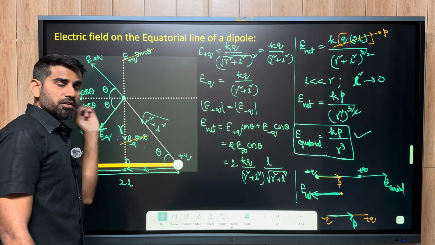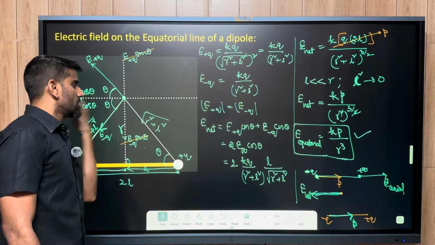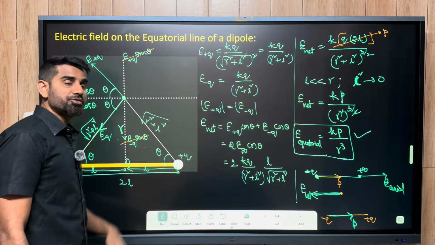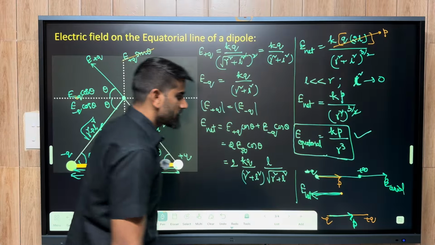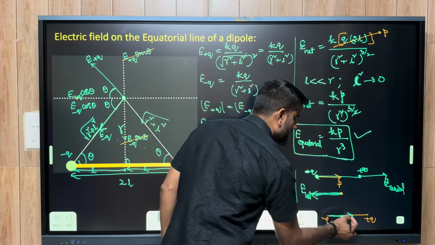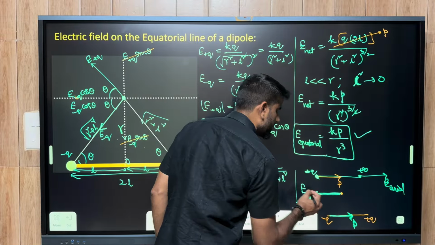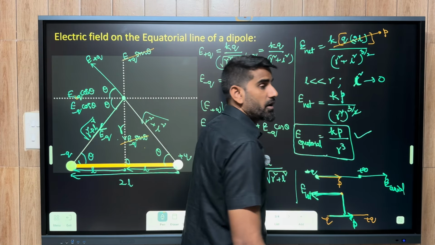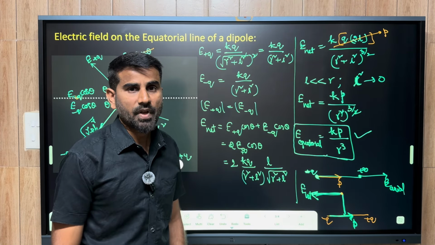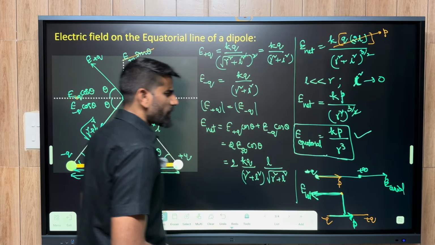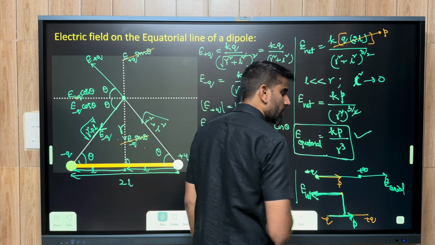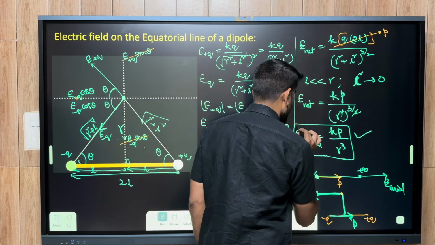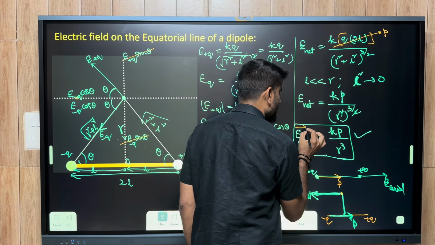The net electric field on the equatorial line is to the left, whereas the dipole moment is to the right. That means here the dipole moment is in this direction, whereas the net electric field is in this direction for an equatorial case.